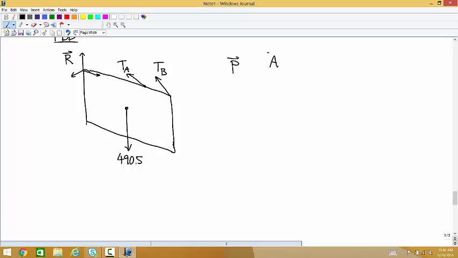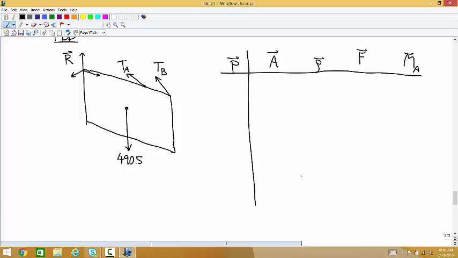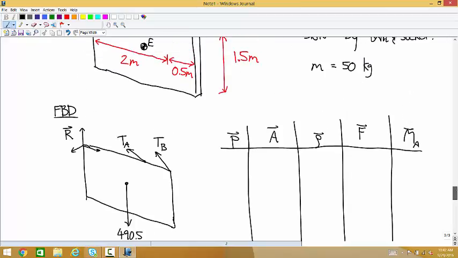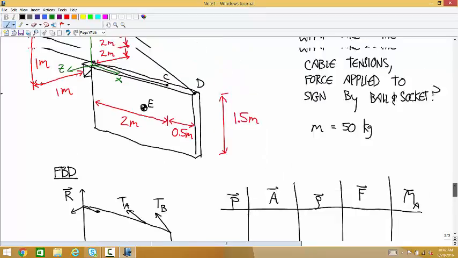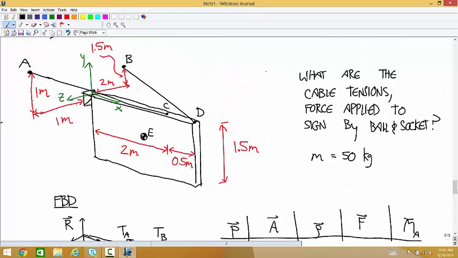We have the coordinate for the about point, the row vector, the force, and the moment. And let's just figure out what the coordinates are of all these points and set those aside for these calculations.